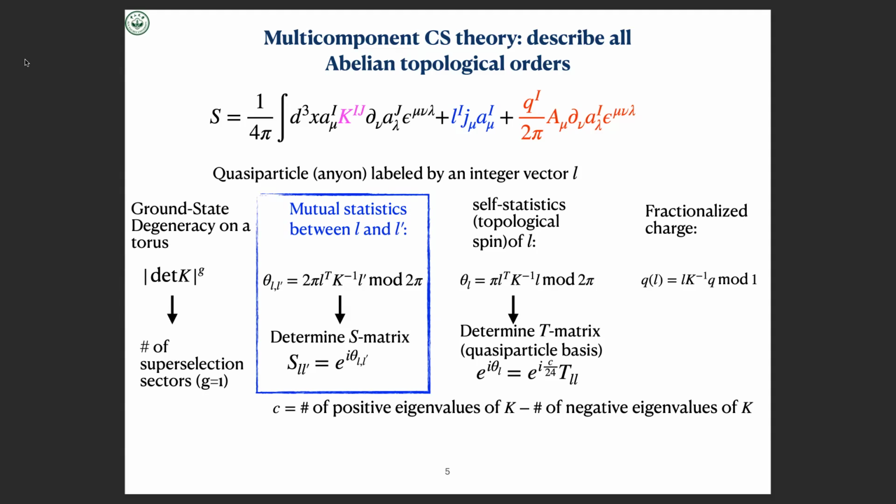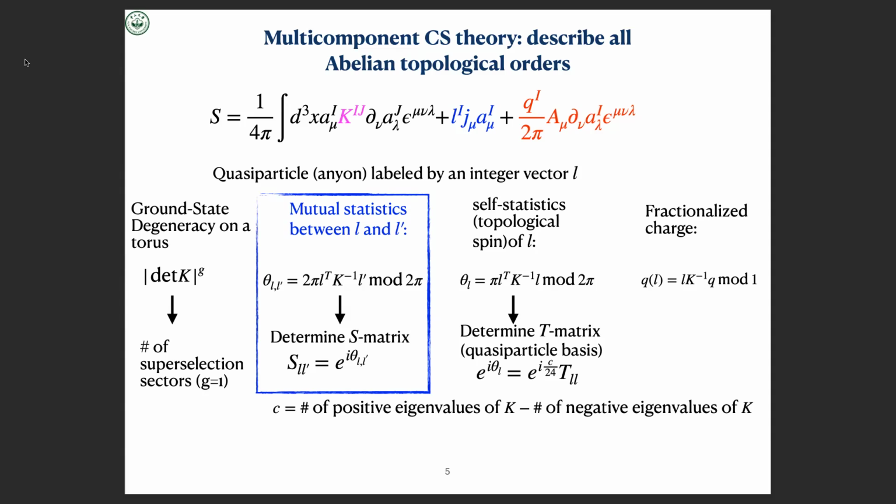This theta characterizes the mutual statistics between L and L prime. This is very important data I will use later on, and here I use this square to highlight the result. Another topological data is so-called self-statistics, also called topological spin.